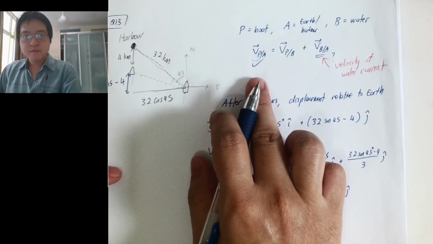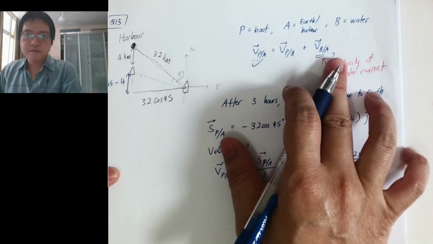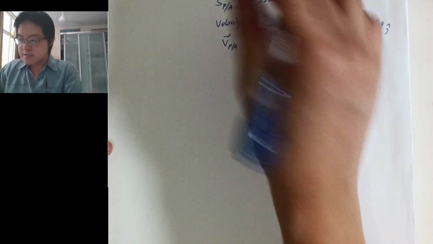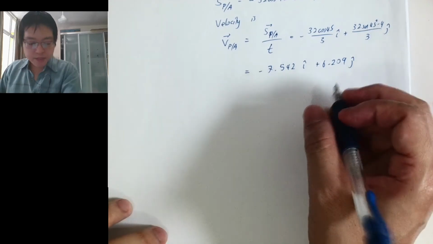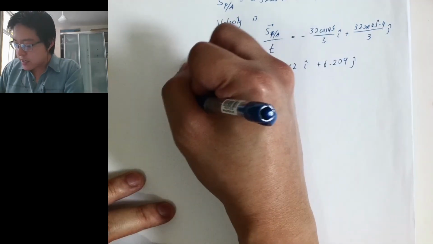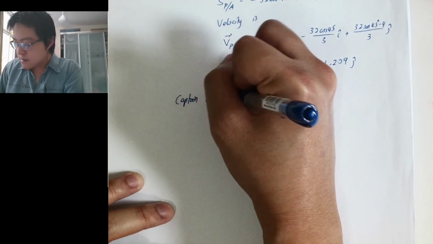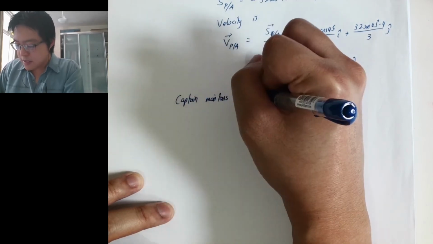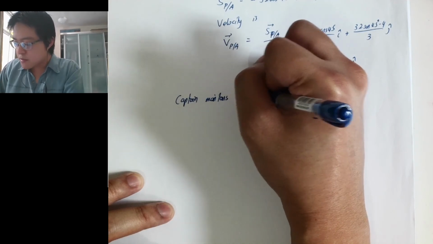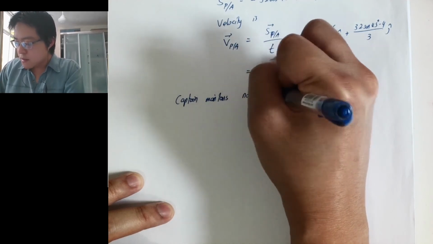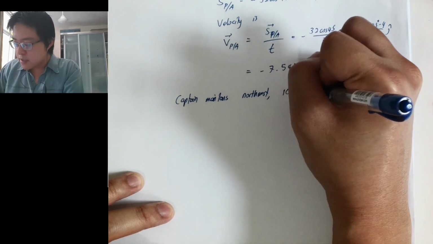So I got VPA now. If I can get this, I can solve this equation. The next thing is to get VPB. So how to get VPB? According to the question, the captain maintains the compass northwest direction and is moving at 10 kilometers per hour.